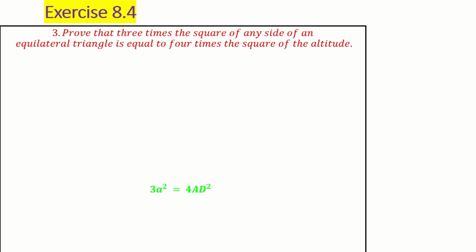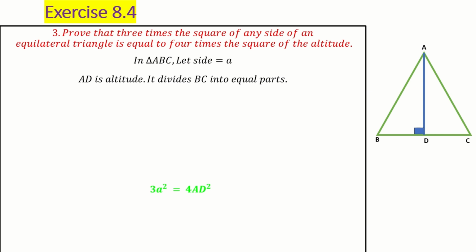Prove that 3 times the square of any side of an equilateral triangle is equal to 4 times the square of its altitude. If A is the side of an equilateral triangle, then 3 A square equals 4 times the altitude square, that is AD here. The altitude divides BC into equal parts, so ADB is a right angle triangle.